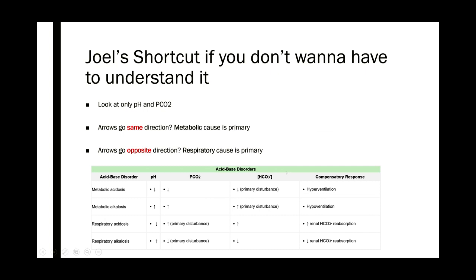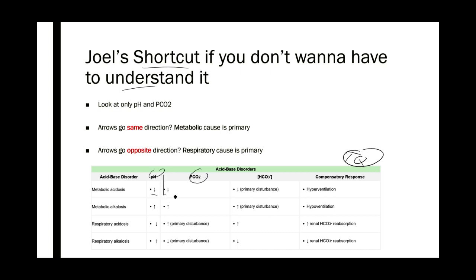This is a great table. I recommend you probably focus on this because this lecture sucks. So this is my shortcut if you don't want to have to understand it. You should understand it, hopefully. If not, you'll understand it later. But for now, if you want a little shortcut, look at the direction of the arrows. So look at pH and PCO2.